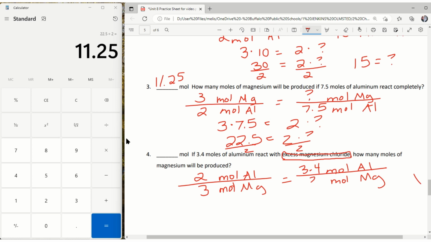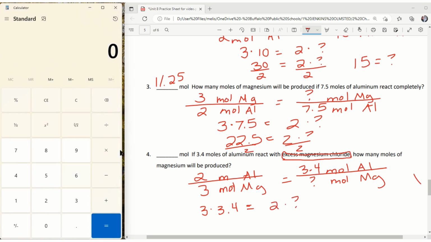So this says 3.4 for aluminum. How many magnesium? So 3 times 3.4 equals... oops, I erased this line by mistake. So let's go back and fix it. All right, 3.4 equals 2 times question mark.